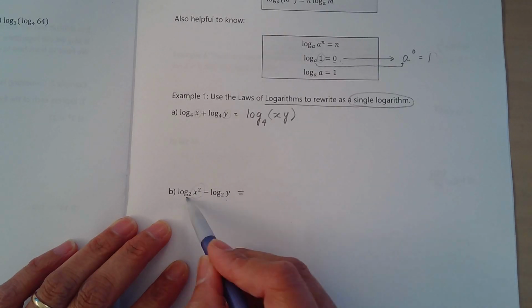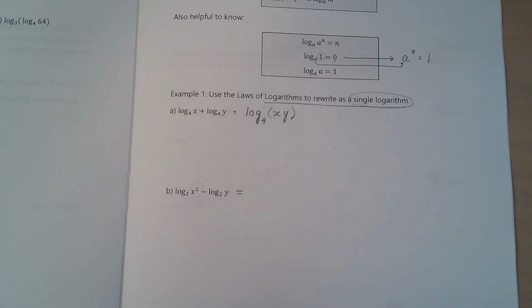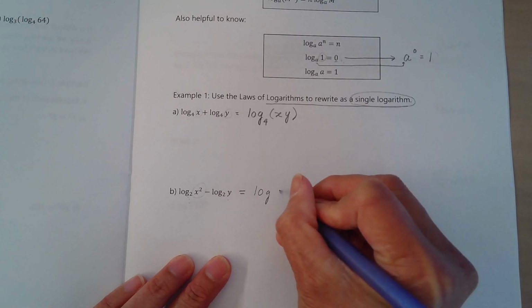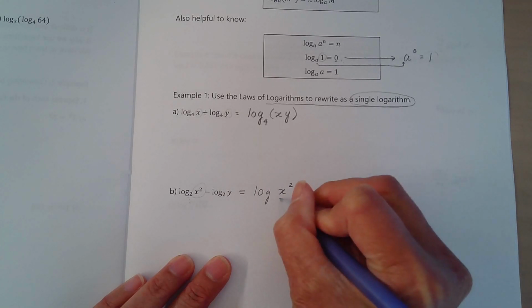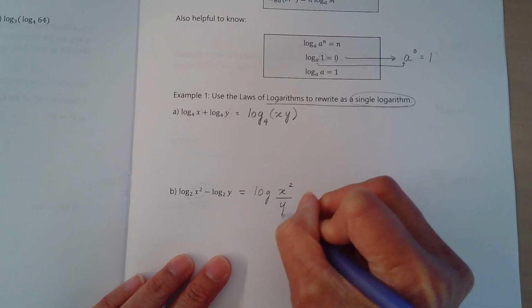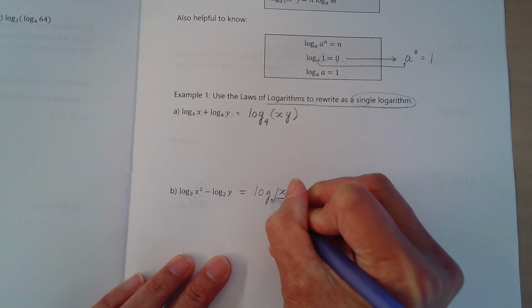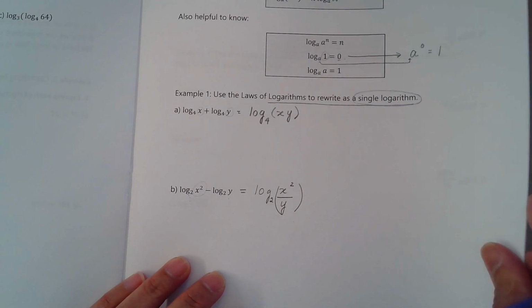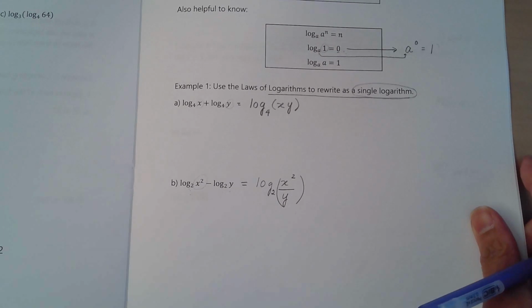So exponents are subtracted, so that means the powers that have the same base have been divided. So log of x squared divided by y, base 2. These are what I call all the time baby steps, and we can't take this for granted. Baby steps.